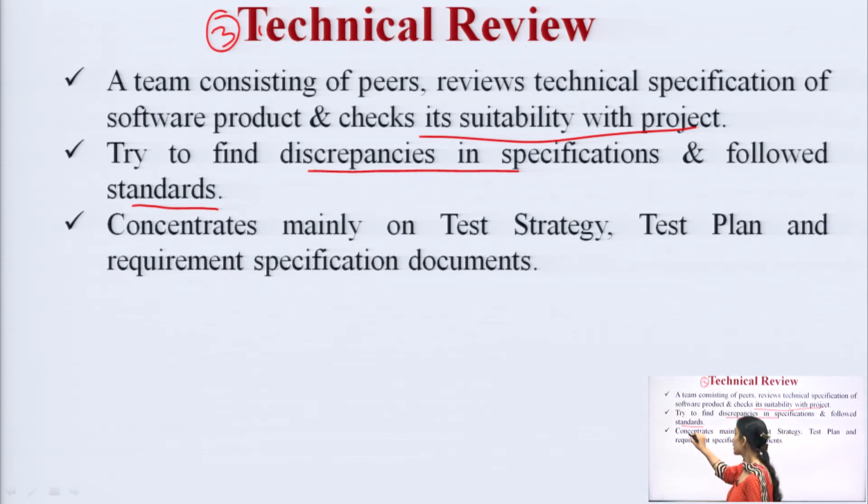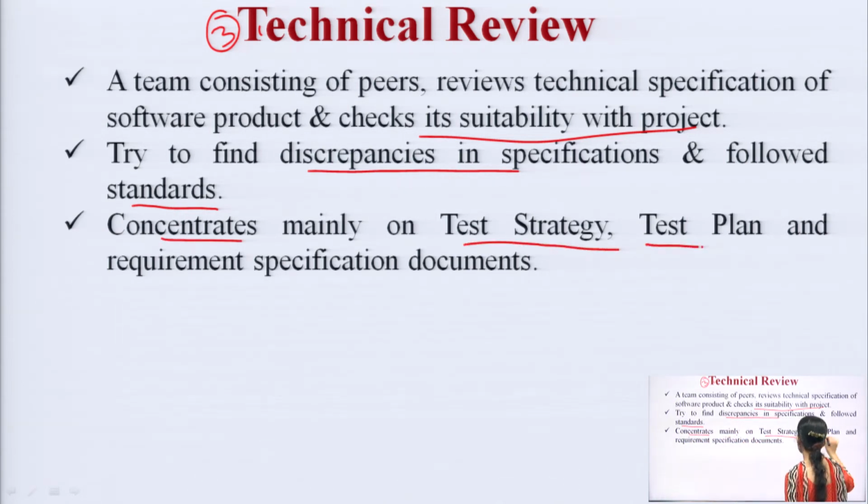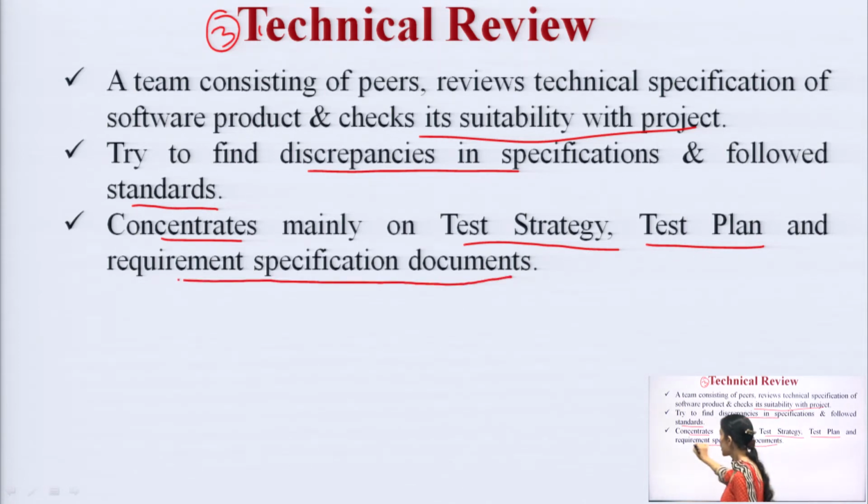Then the major aim is it concentrates on the test strategy, test plan and the SRS, whether there is a match or not. For the approved SRS, we should be testing our software as per the SRS. If it requires any change, then we should make changes in our test plan, we should change our strategy, and accordingly the product is updated.